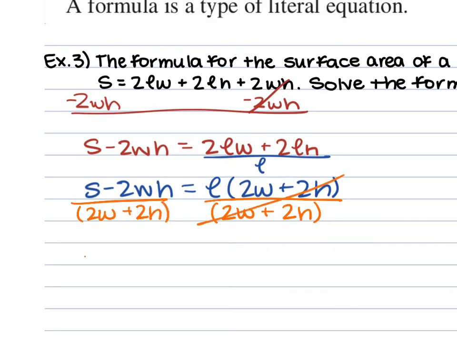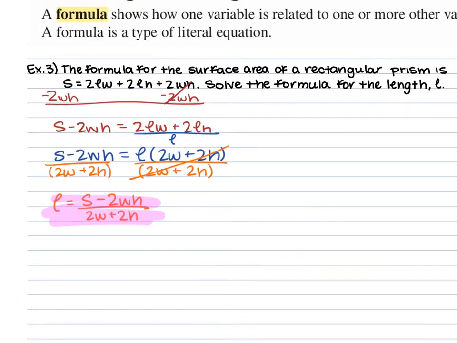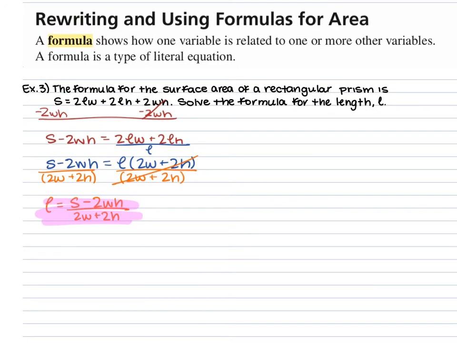These are going to cancel, so our length is equal to S minus 2WH over 2 times the width plus 2 times the height. And then you could go ahead and solve for what W can't equal and what H can't equal. However, I'm not going to require you, if you're doing a formula like this, to do that.